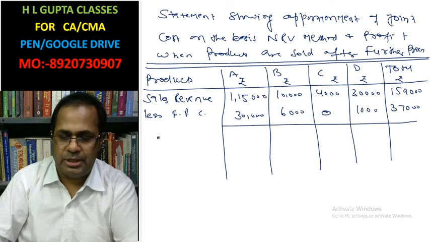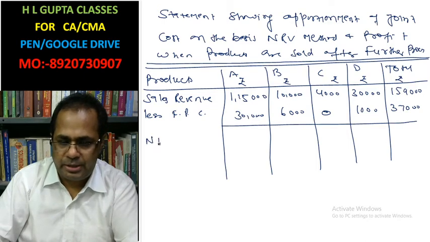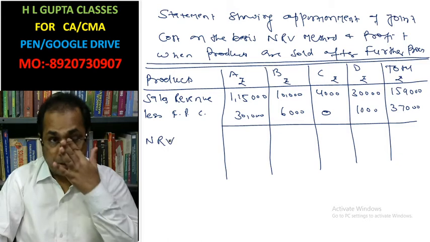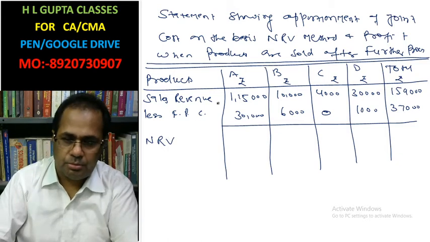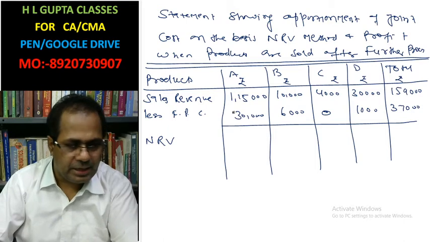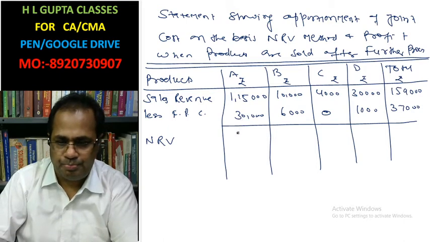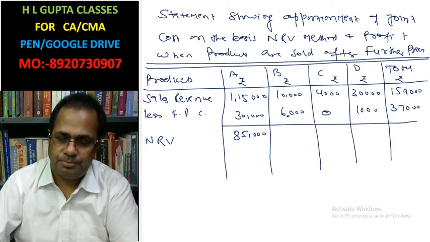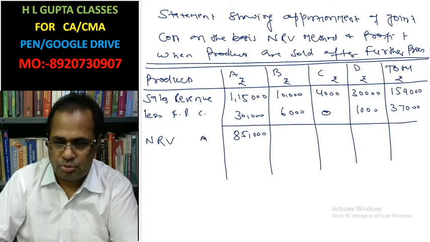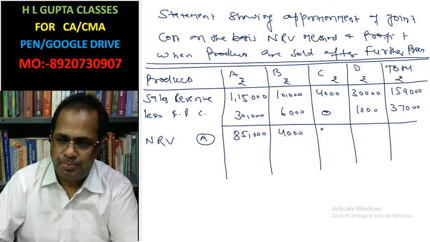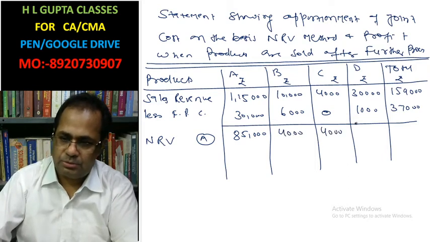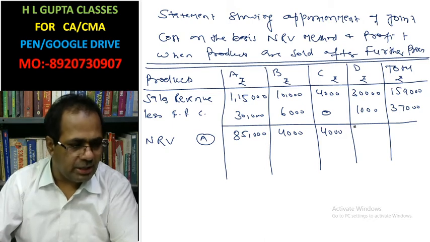After this you get the NRV, net realizable value: 85,000 for A, 4,000, and 29,000.